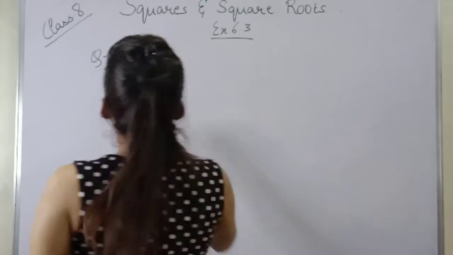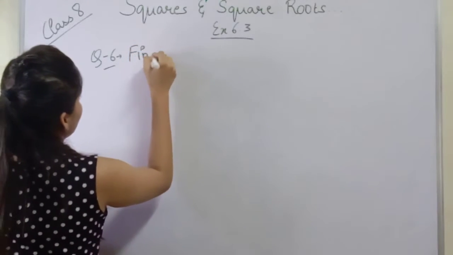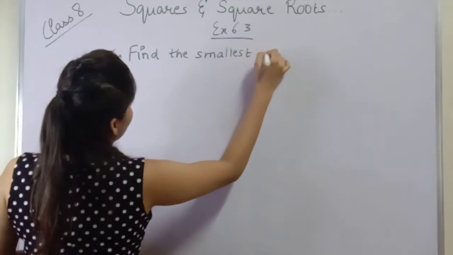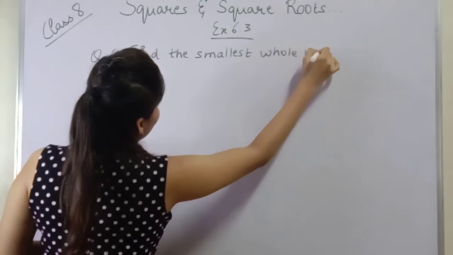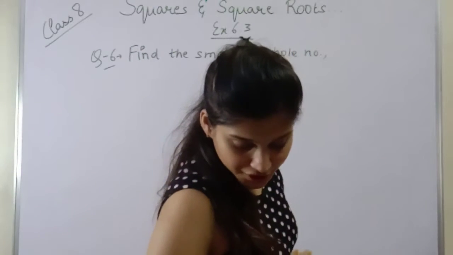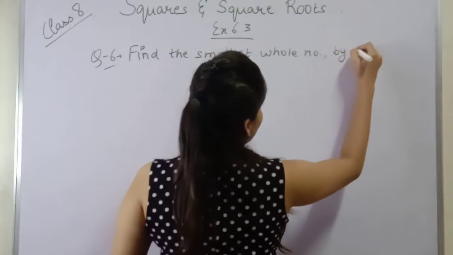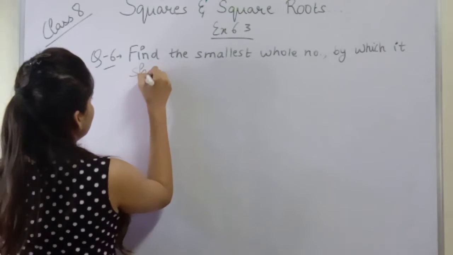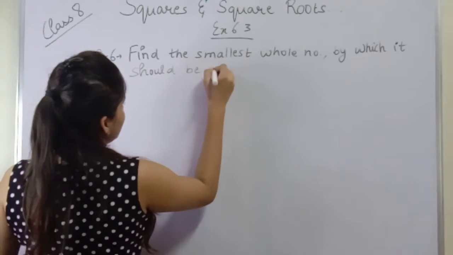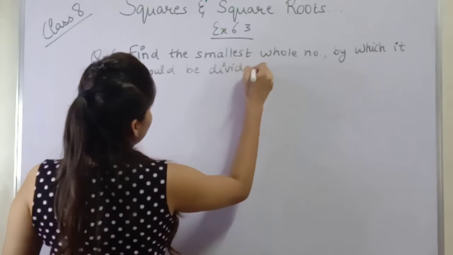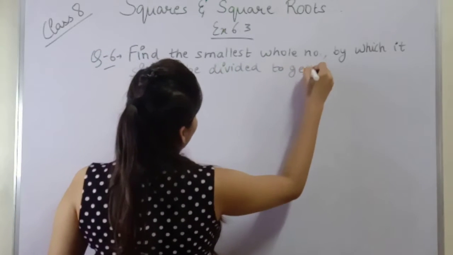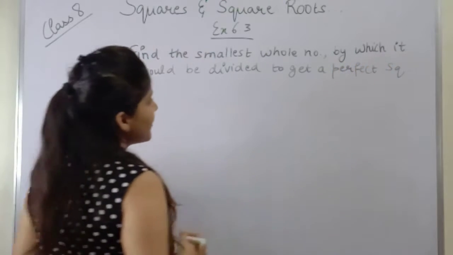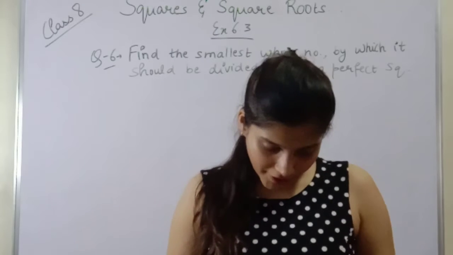Find the smallest whole number by which it should be divided to get a perfect square.